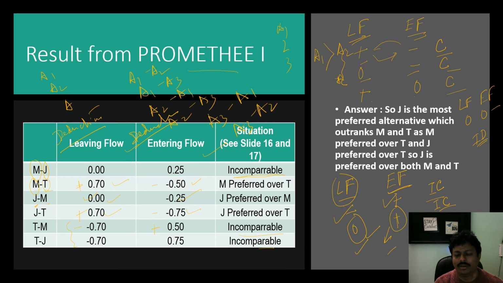However, when leaving flow is minus and entering flow is positive, the moment the deduction of entering flow becomes positive, you cannot compare those two alternatives. Okay, and if both deduction of leaving flow and deduction of entering flow are 0, then both the alternatives are indifferent to each other, no relation, nothing.